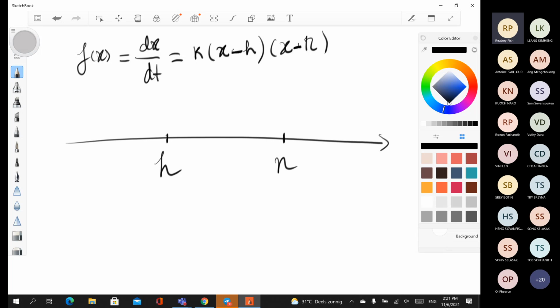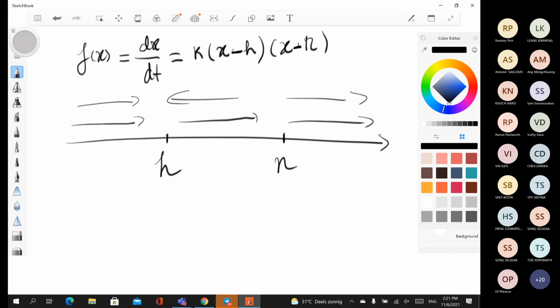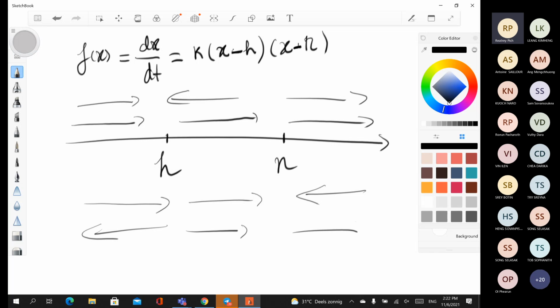The possibilities of the system can be something like this, or like this, or it can go like this, go like this, and like this, and it can be something like this. You see all the notions. This one means that it is unstable. This is semi-stable.